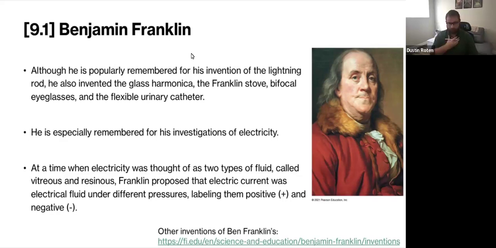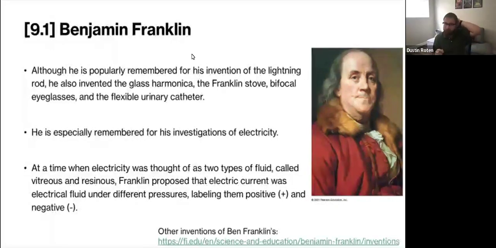He didn't actually fly it during a thunderstorm, he flew it before a thunderstorm, but actually determined that the cause of lightning was electricity. At the time, electricity was thought to be essentially two types of fluids. And then building off of that, Franklin determined that maybe we should differentiate between these two as positive and negative.